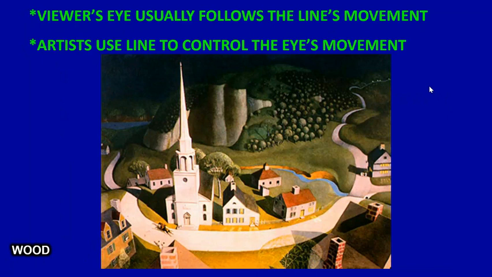The viewer's eye usually follows the line's movement, and artists use line to control the eye's movement. In this painting by Grant Wood, called Paul Revere's Ride, the main line in the picture is this road down here.